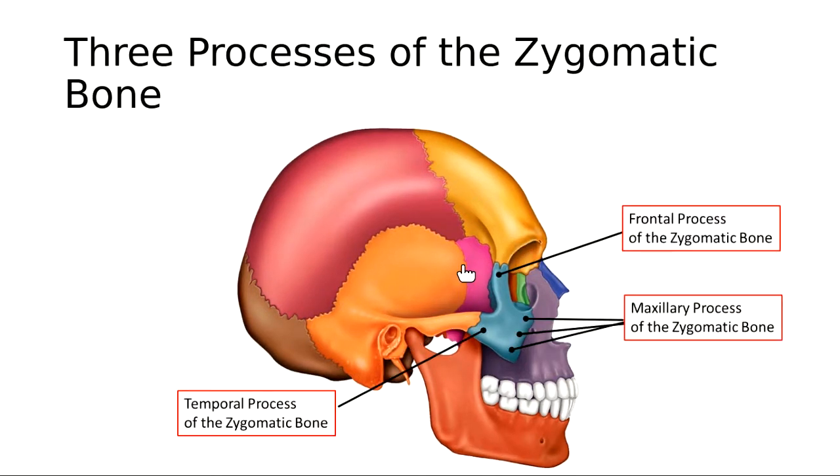So here, this is the process of the zygomatic that joins to the frontal. So it's the frontal process of the zygomatic bone. The process that joins to the temporal bone, temporal process of the zygomatic bone. And this wide process that joins to the maxillary bone is the maxillary process of the zygomatic bone.